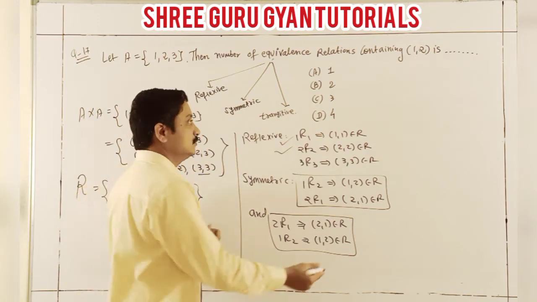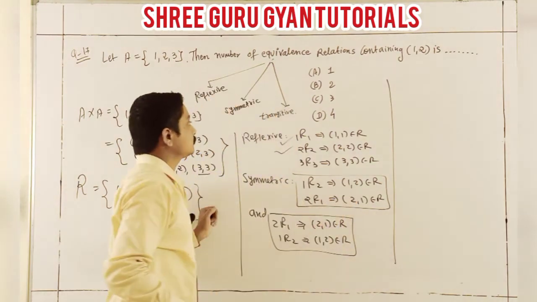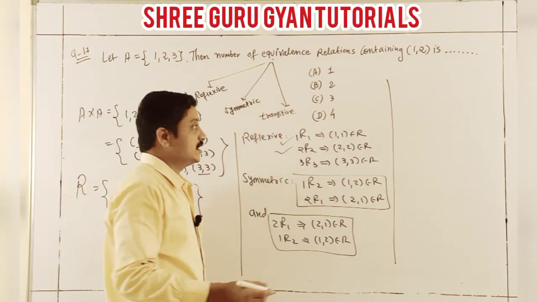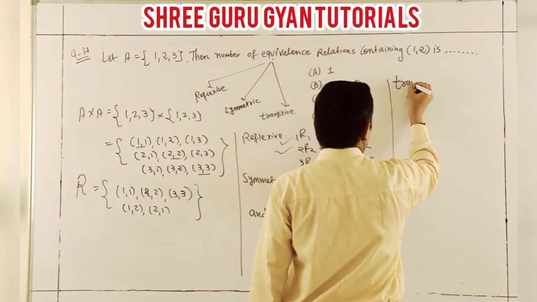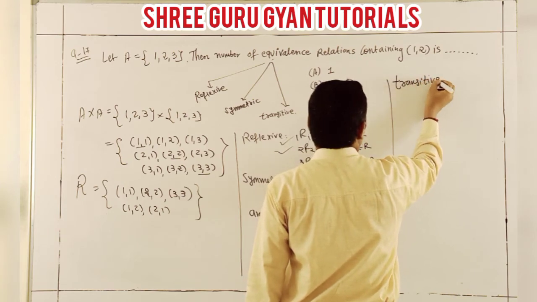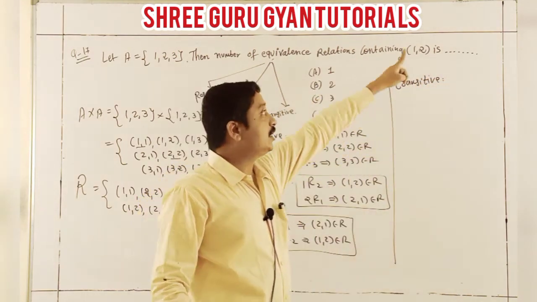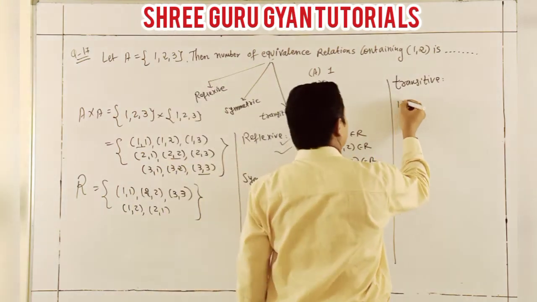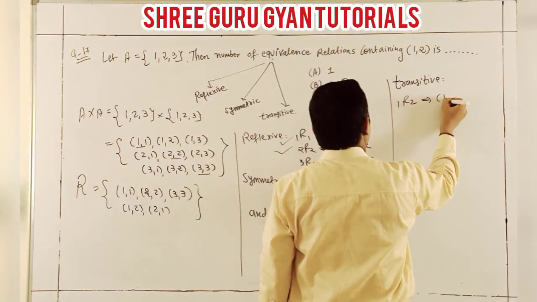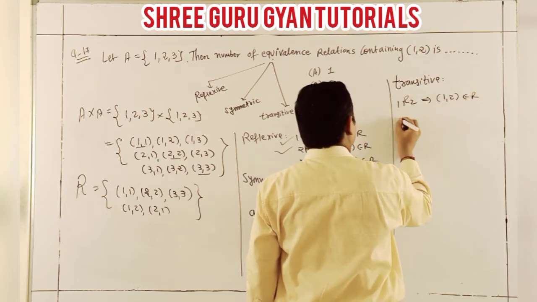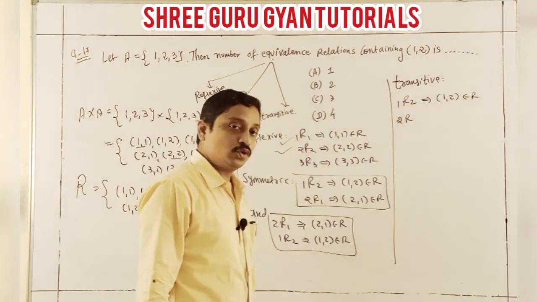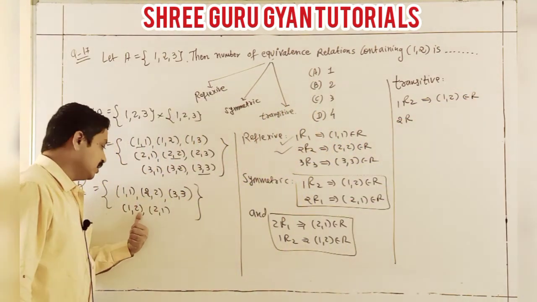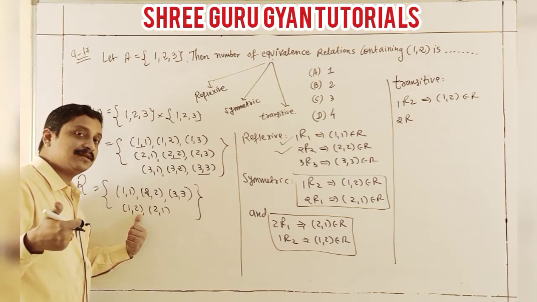And third, transitivity. Yes students, here also I show the transitive rule, containing only 1 and 2. So 1 relation 2, (1,2) belongs to R. Now second, what do you take? You have to take (2,1), no more than that, no 3 or other numbers.